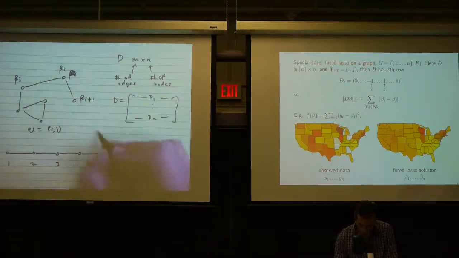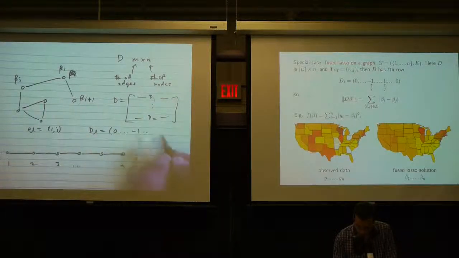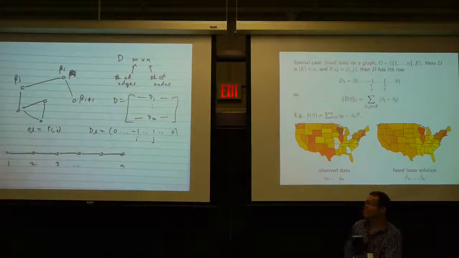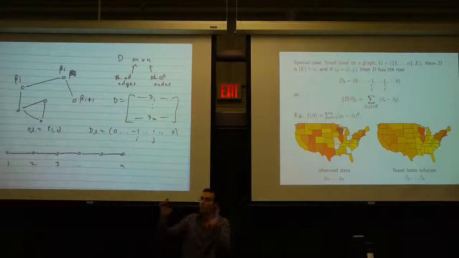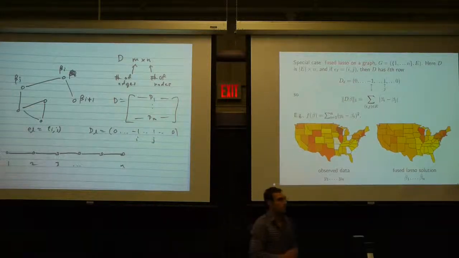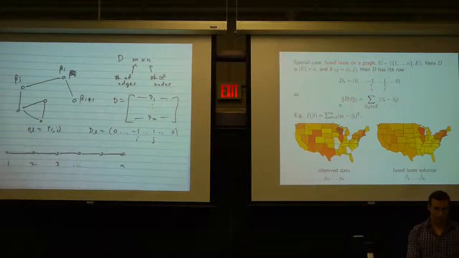Then I'll take the lth row of D to be a vector that's all zeros, except I put a -1 in the ith spot and a 1 in the jth spot. It doesn't really matter whether I put the -1 here or here. I'm taking the absolute value at the end of the day, so the signs don't matter. And so the penalty is going to look like this: the norm of D times beta is the sum over all edges i, j, of the absolute difference of beta i minus beta j.